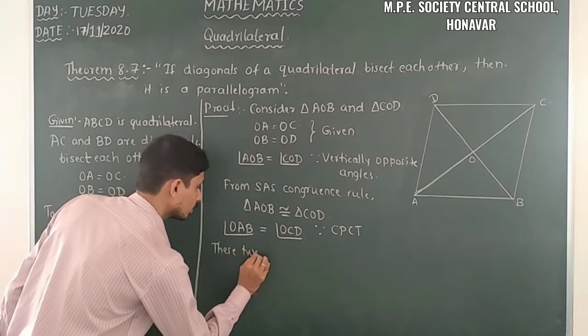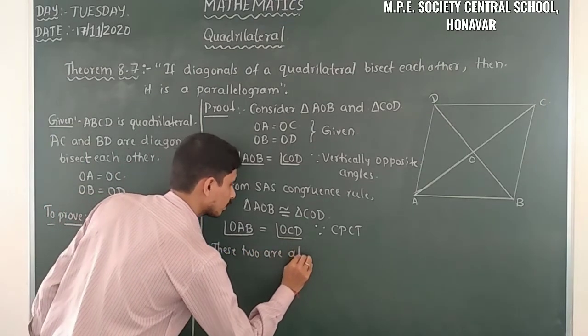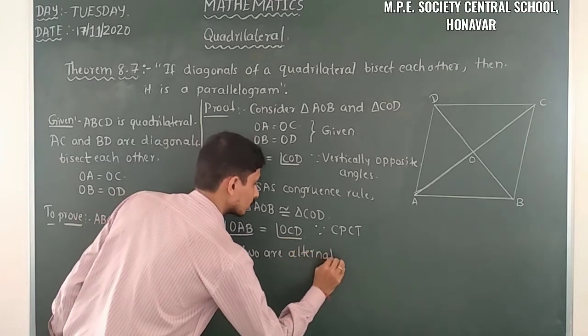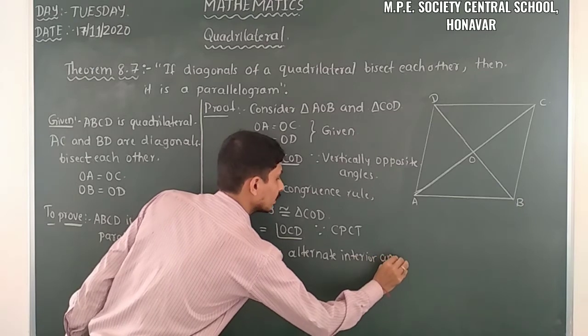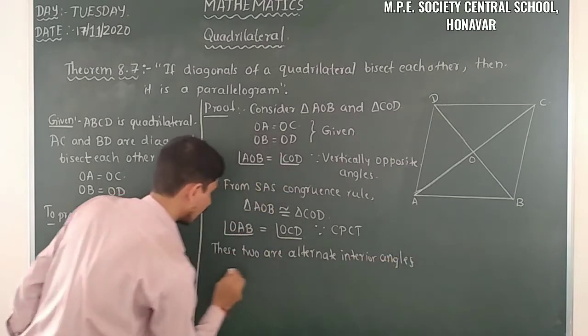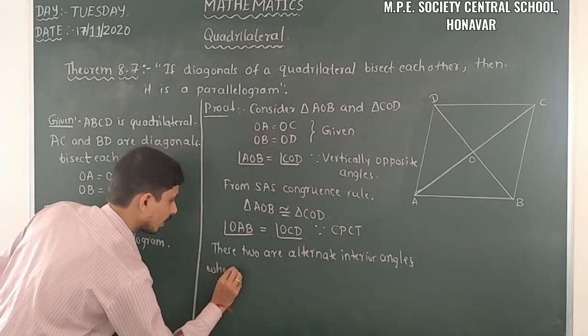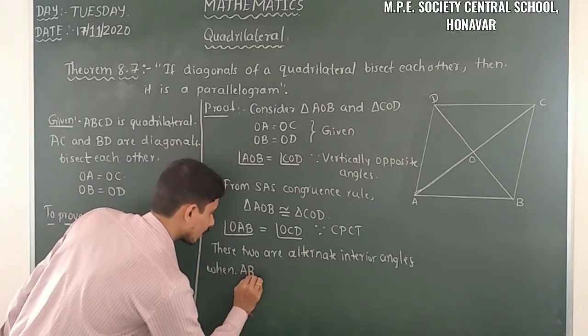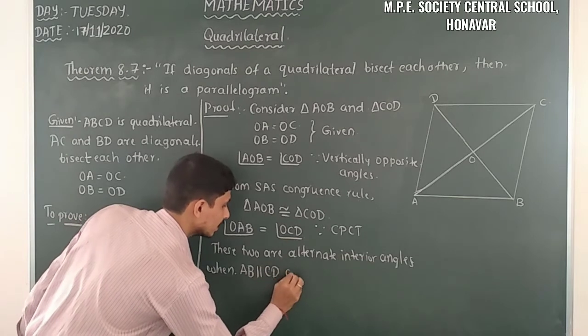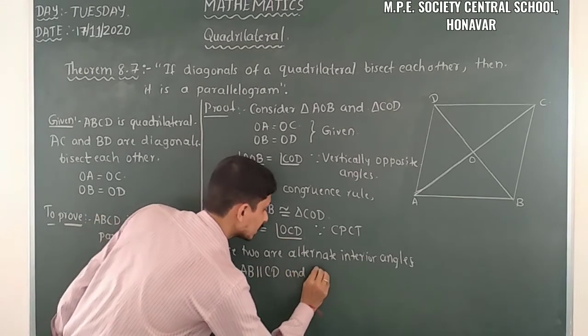These two are alternate interior angles when AB is parallel to CD and AC is a transversal.